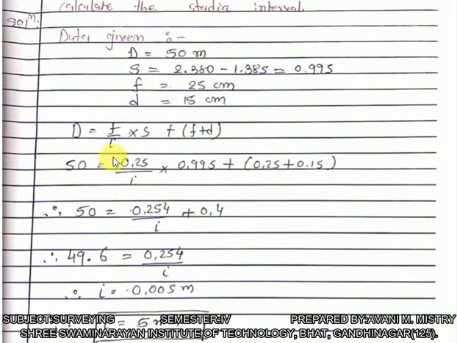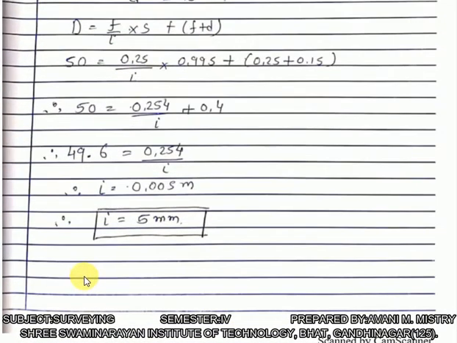We have a formula: D is equal to F divided by I into S plus F plus D. The values of D, S and F are given. Put all these values in this equation, and we get the value of I equal to 0.005 meter, and therefore I is equal to 5 mm.